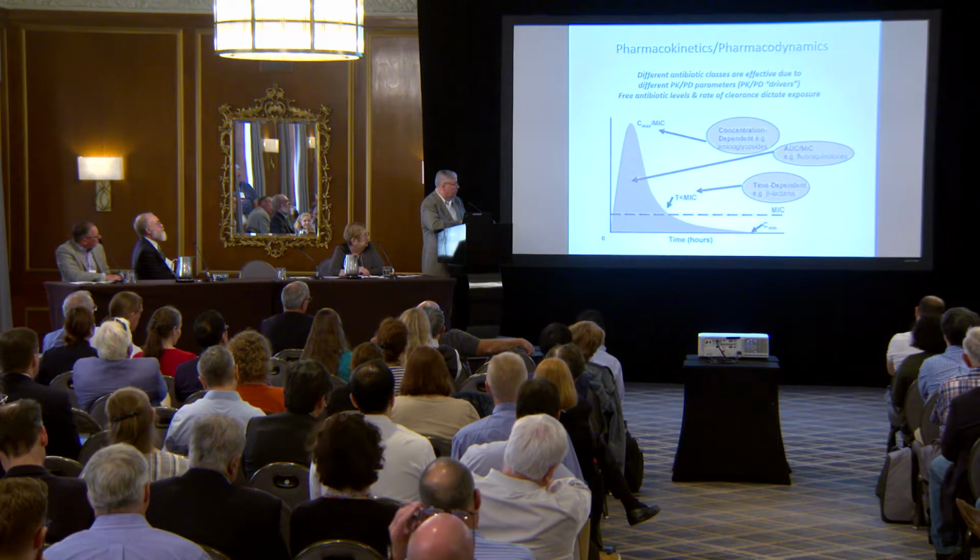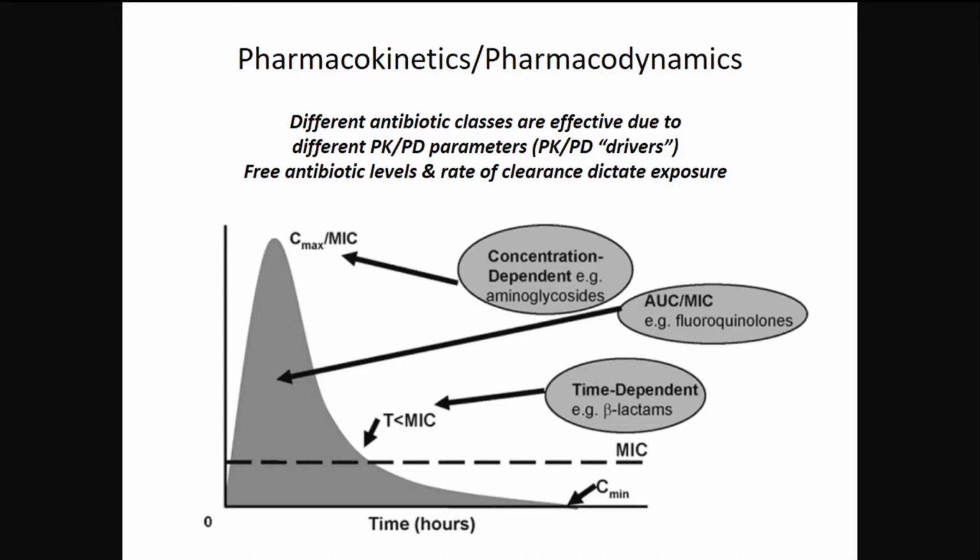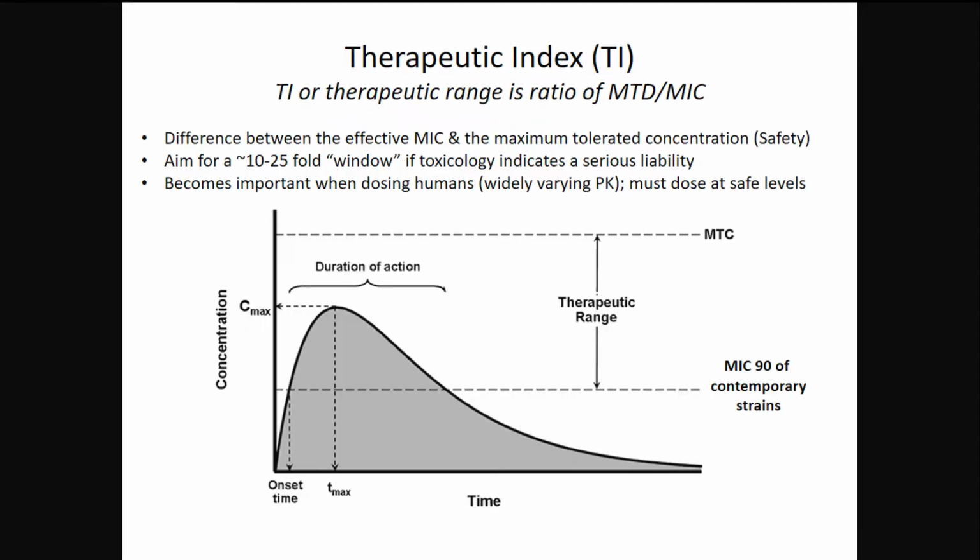And in the case of beta-lactams, it's time above the MIC. And there, as you go above the MIC, you don't see any additional killing. So it's the total time you're above the MIC that's really important when you're talking about beta-lactams. Again, these are generalities, but in general, they do hold up for these classes of compounds. And one of the things you're going to have to do with your new compound is determine which of these drivers is important for your novel compound.